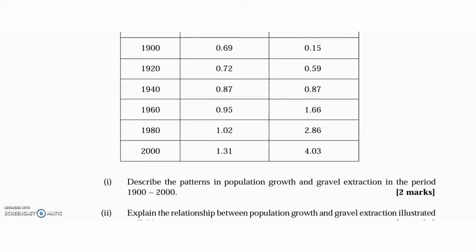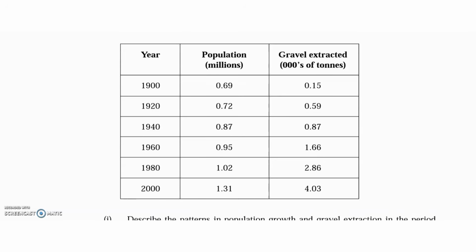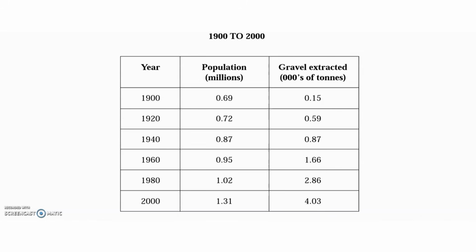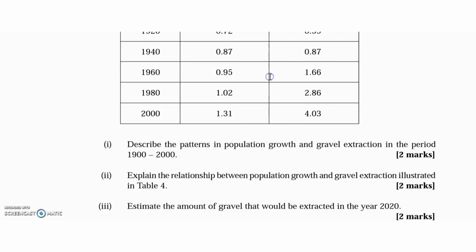It is an estimation, so we can simply look at the table here. We have to employ a bit of mathematical skills. Look at the table carefully. Pay very close attention to this. Break out your calculator if you have to. From 1940 to the year 1960, that was an increase of 0.8, and obviously we're talking about thousands of tons of gravel extraction.